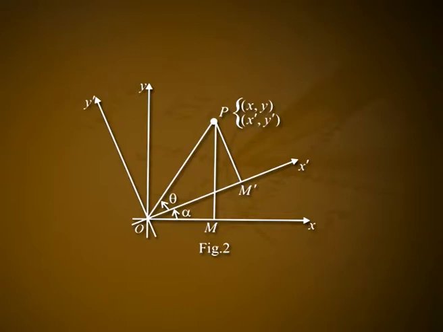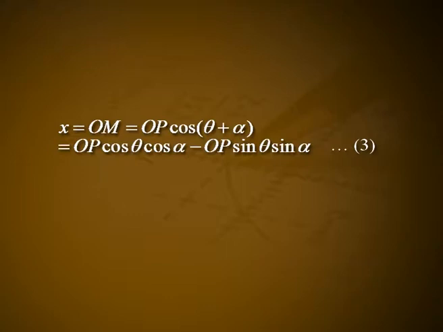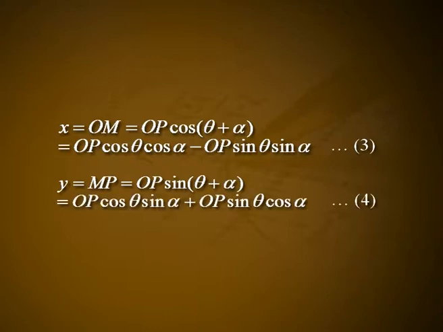Then from figure 2 we obtain x = OM = OP cos(theta + alpha) = OP cos theta cos alpha - OP sin theta sin alpha, equation number 3. y = MP = OP sin(theta + alpha) = OP cos theta sin alpha + OP sin theta cos alpha, equation number 4.